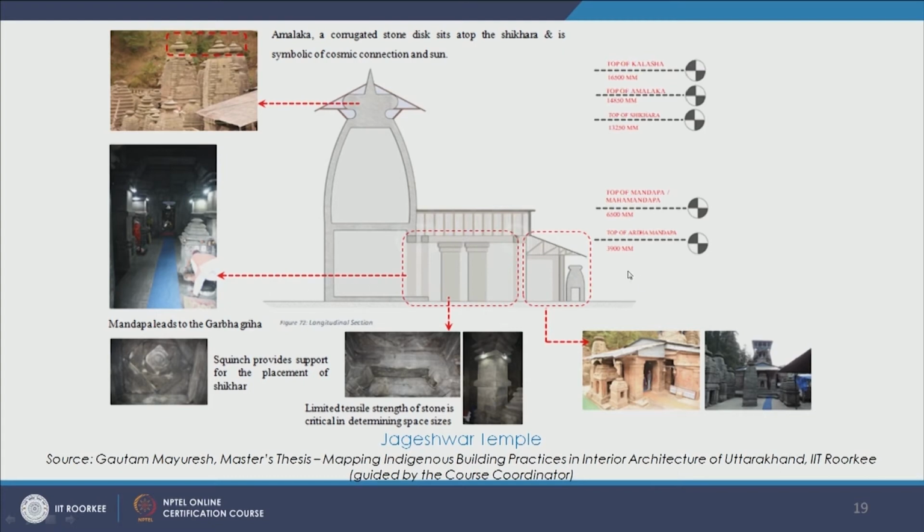The section. See, the limited tensile strength of stone is critical in determining the space sizes. Because stone was used, it was all dry and block masonry, and we know that limited tensile strength is there in stone.